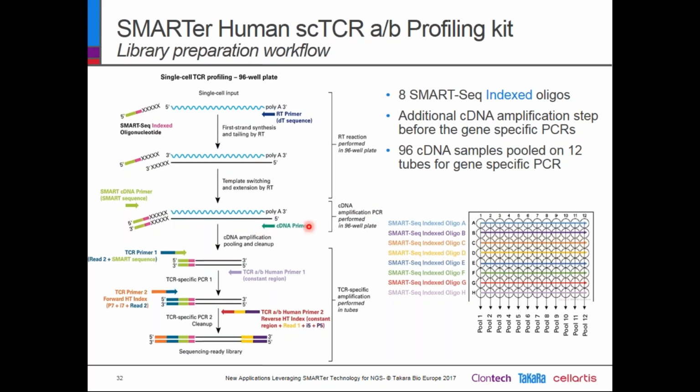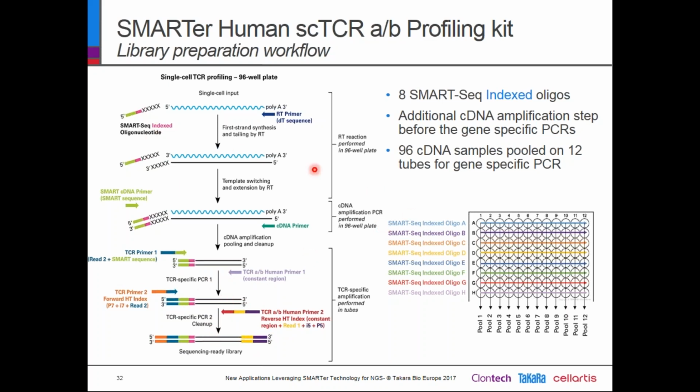After the reverse transcription, we will have different indexed cDNA, and also we need to do an additional amplification of the cDNA here because the amount that we get from a single cell is very low. And then once we have that, we can do the specific TCR amplification, very similar to what was shown before, also incorporating Illumina indexes and adapters.